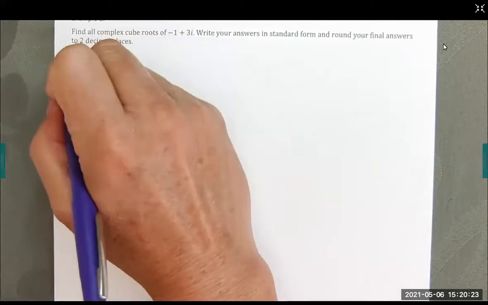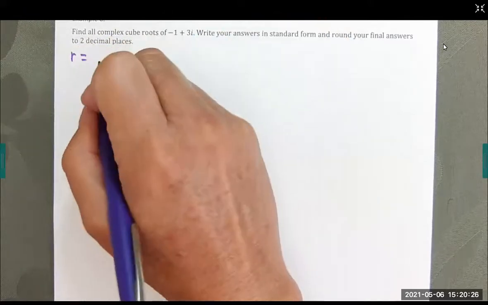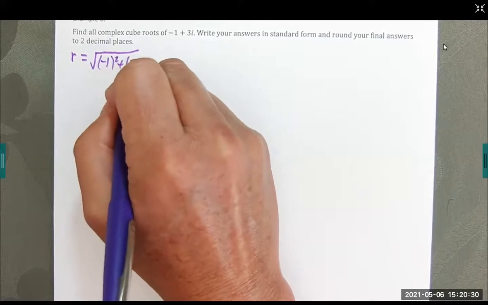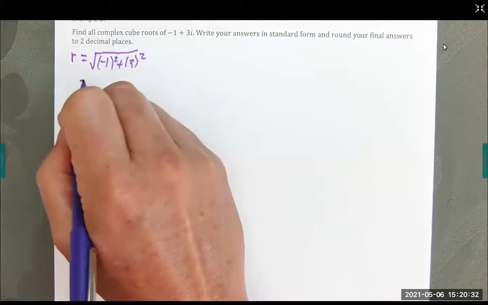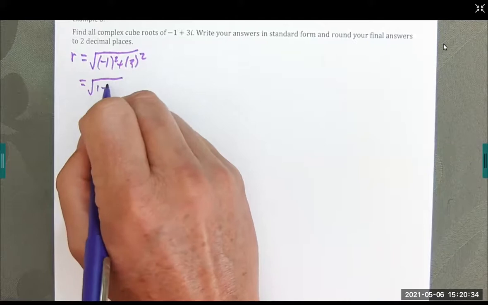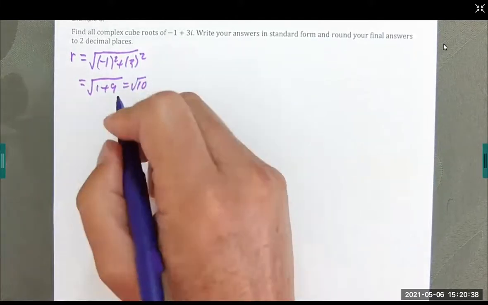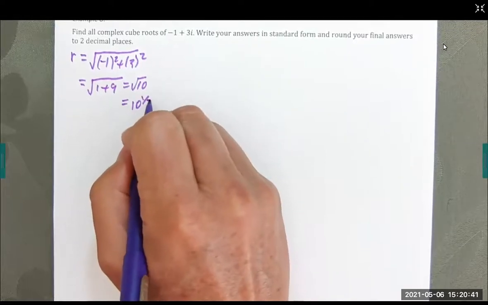Start with r, converting it. R is going to be the square root of -1 squared plus 3 squared. So there we go, keeping in mind that root 10 is 10 to the 1/2 power.